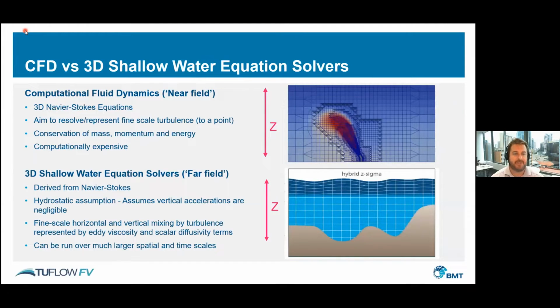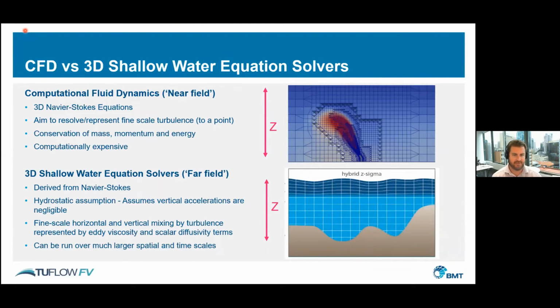So computational fluid dynamics, and I'll refer to them as near-field from now on, but they're really the CFD models. They solve the full Navier-Stokes equations, and they aim to resolve or represent very fine-scale turbulence. And by turbulence, I mean eddies, essentially. They can only go down to a point because you can't keep going ad infinitum, but they are really trying to resolve as much as they can.